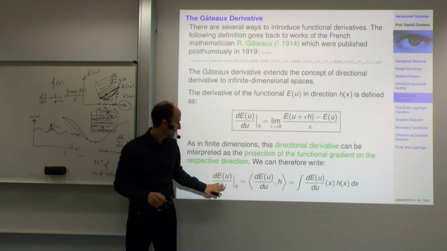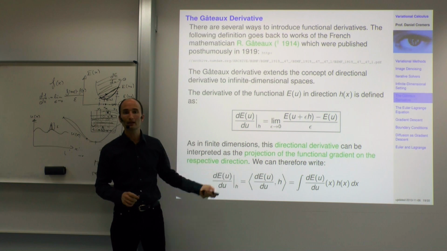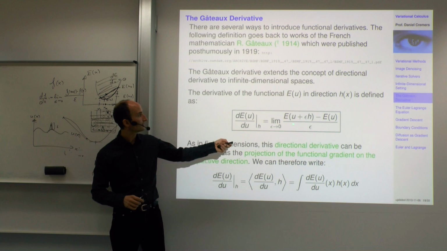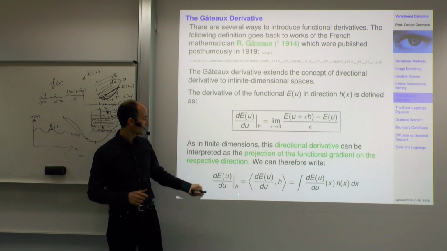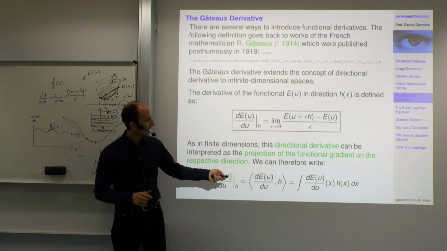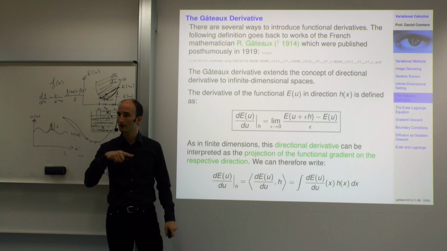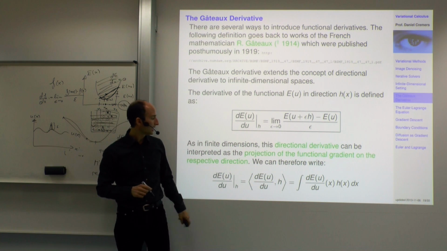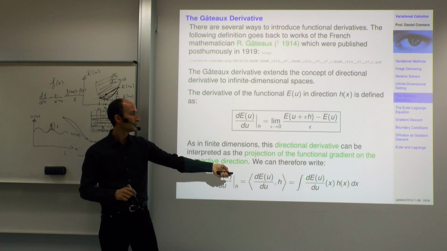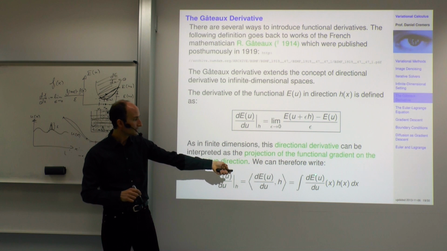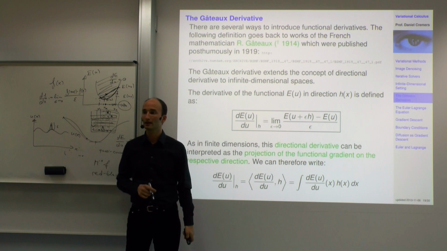And in some sense, what Gateau does here is he implicitly defines the functional gradient by saying, take this expression for the directional derivative in h, and that should be the same as the projection of the functional gradient onto the direction h. And projection in a vector space, in that function space, is nothing but the scalar product. It's this function dE by du times the function h, and then integrated over x.